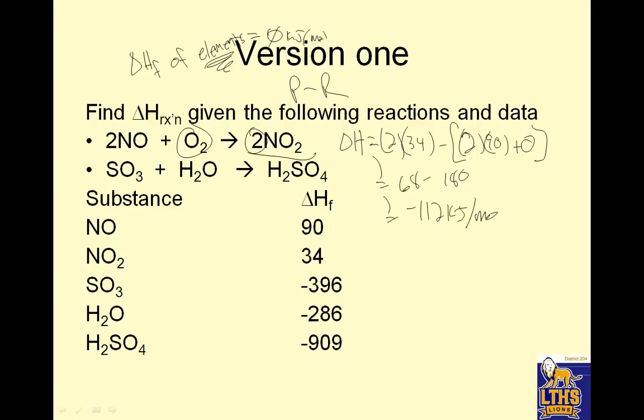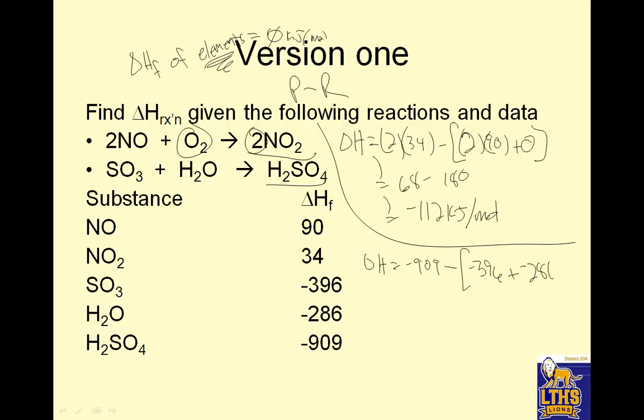That's it. So if I were to do SO3 plus water yields H2SO4, I would have delta H equals products, H2SO4, negative 909. Notice bigger compounds release more energy when made. Minus reactants, SO3, negative 396, plus water, negative 286.